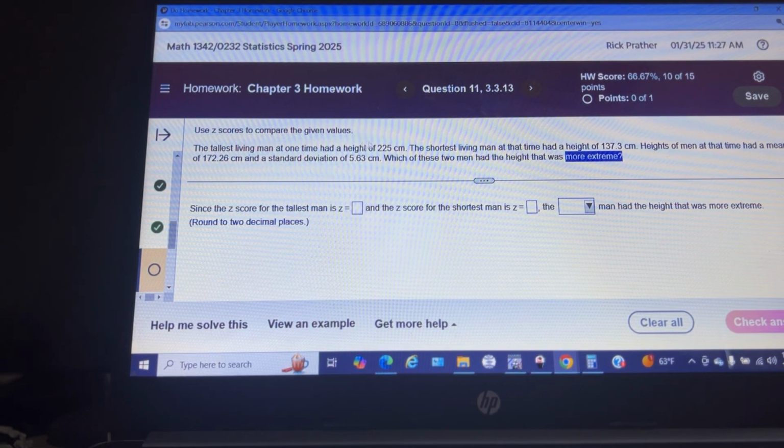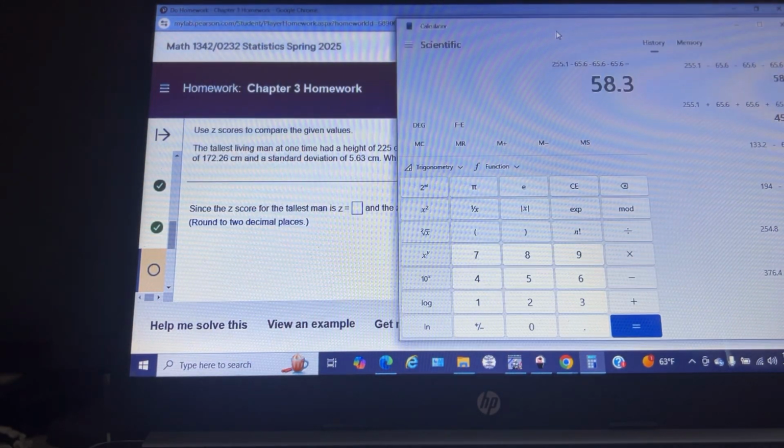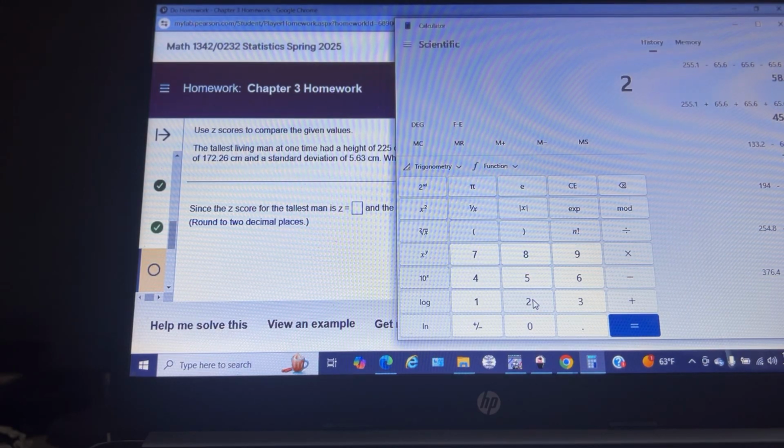So take the tall man, take his 225 value, subtract the 172.26 mean, press equals, and divide by the 5.63 standard deviation.